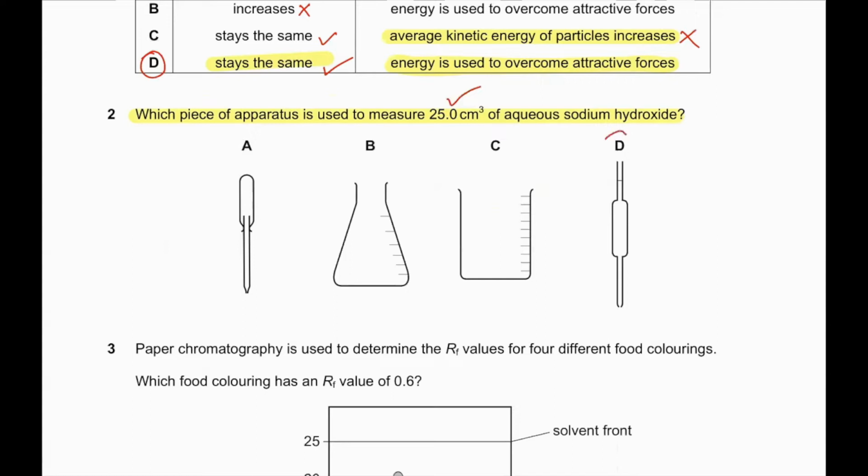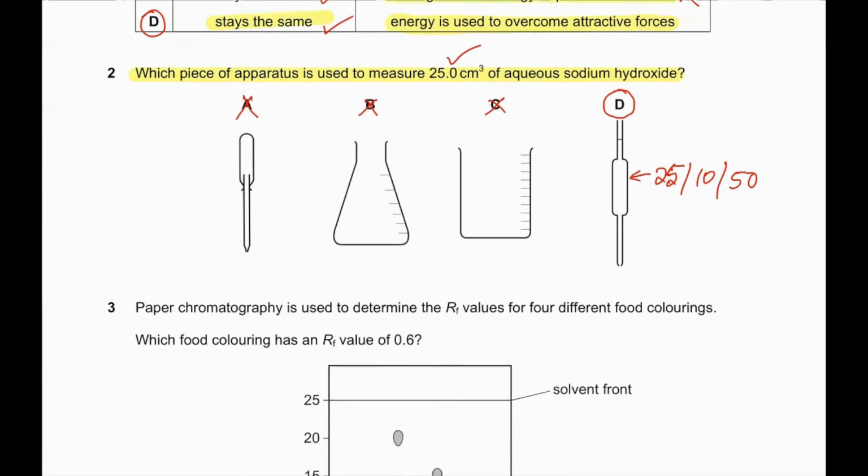A pipette is the best way of measuring it because pipettes are good at measuring fixed volumes of 25, or for example 10, or 50 cm cubes very accurately. So A, pipette, B, conical flask, C, measuring cylinder, D, a beaker. None of them will be correct.